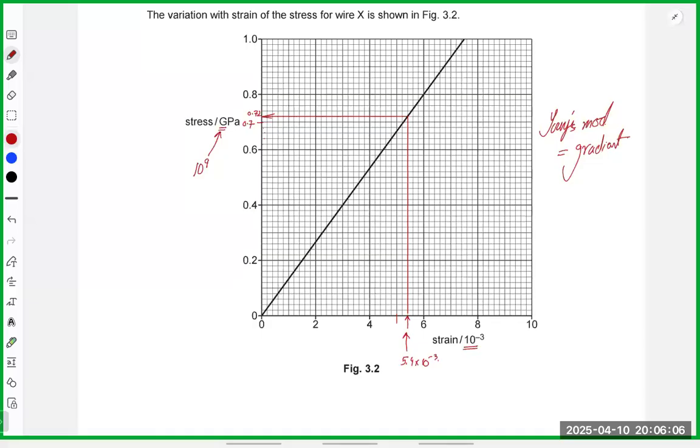And he just confused you with same length and same diameter. If he changes the diameter, if he does not change the diameter, the stress and strain graph for any wire, if it is made of the same material, should have the same Young's modulus. Its Young modulus will not change because of its physical features, other than the ratio between stress and strain.